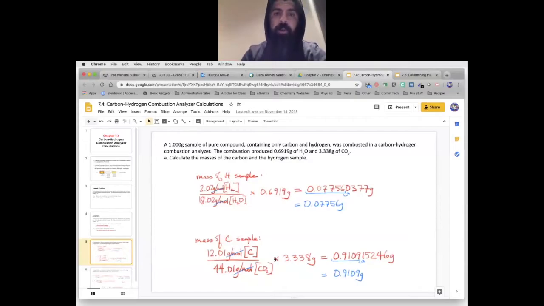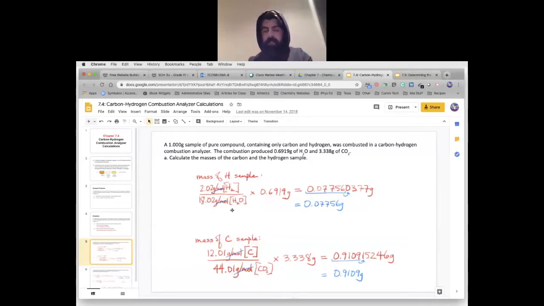Okay, so again, we're trying to find the percent composition of carbon in carbon dioxide. So I found the molar mass of carbon, and I'm dividing it by the molar mass of carbon dioxide. See, there's only one C in CO2. There's two H's here in H2O. That's why we use two H's, right?